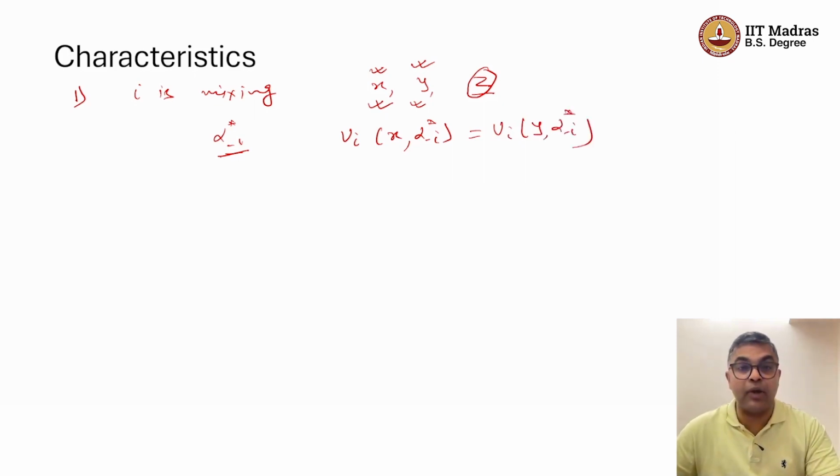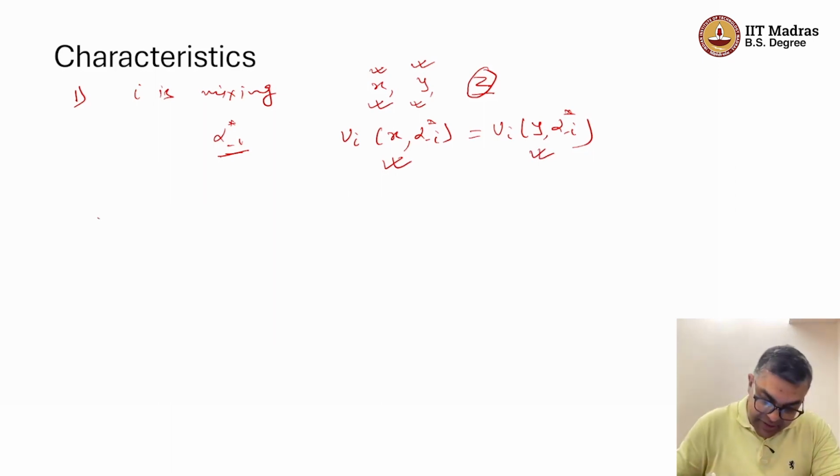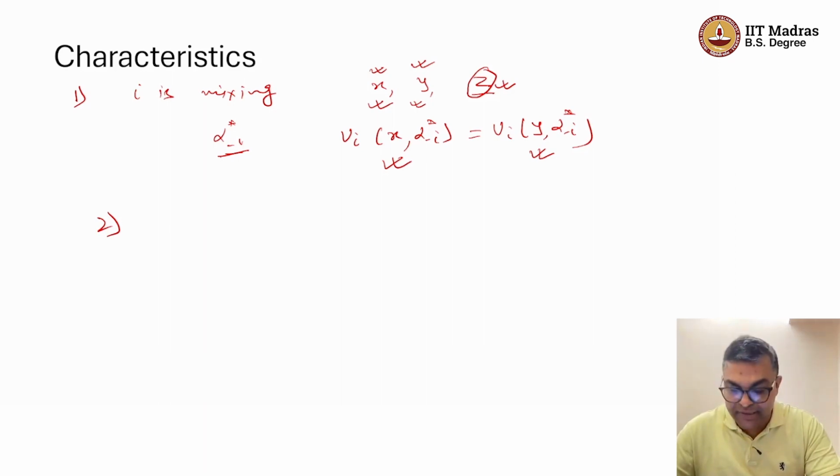So if X and Y both are being mixed, then the payoff from X and the payoff from Y would be the same given what others are doing. Second, the strategy or action that is not getting used cannot be giving more than the strategies that are being used in the mixing.